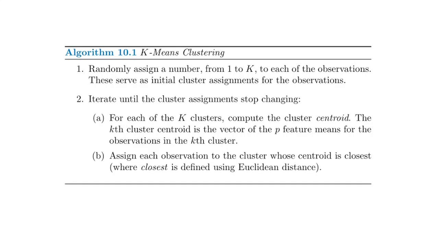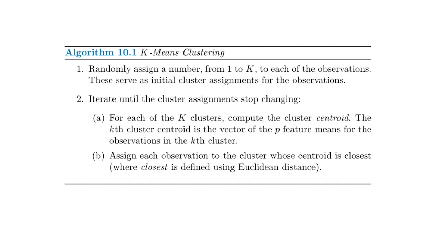So this is the algorithm of k-means clustering. The first step is to randomly assign a number from 1 to k to each of the observations, and this serves as the initial cluster assignment. Then it will iterate until the cluster assignments stop changing. In each iteration, for each of the k clusters, it computes the cluster centroid, or the middle location of the cluster.